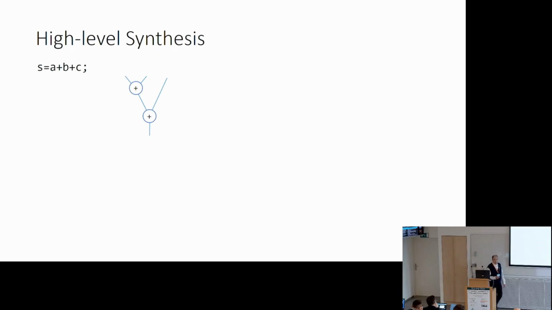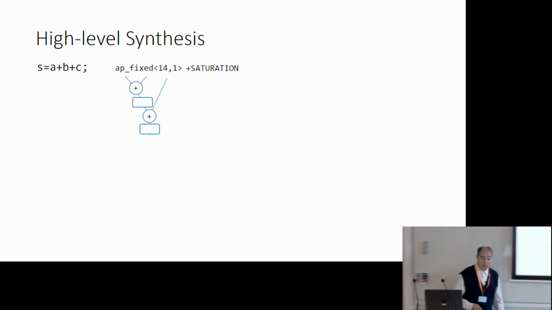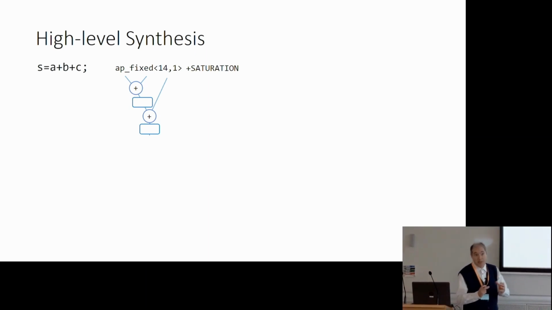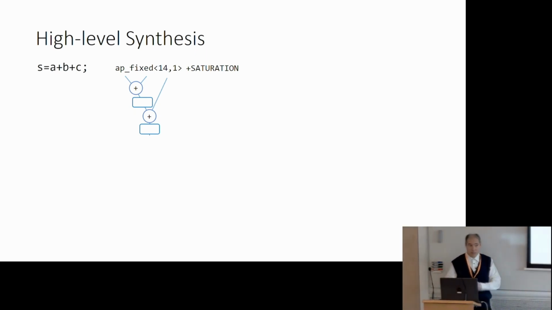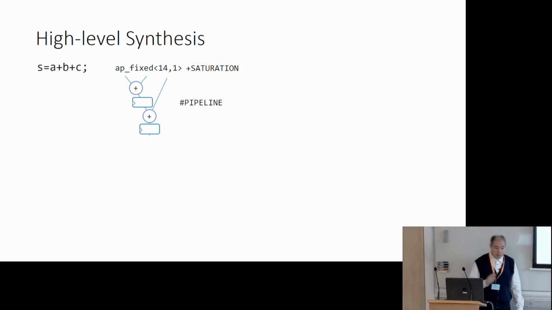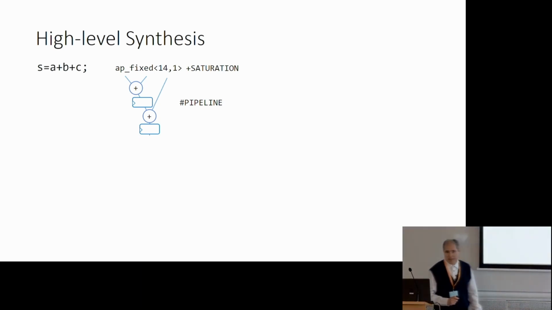But if they are fixed point and you want additional functionality, like when you add the numbers, you want to avoid overflow, so to have saturation. This means some additional blocks after the adders. And if we want to improve the performance of this computation, we add pipeline. So we add registers to this circuit.